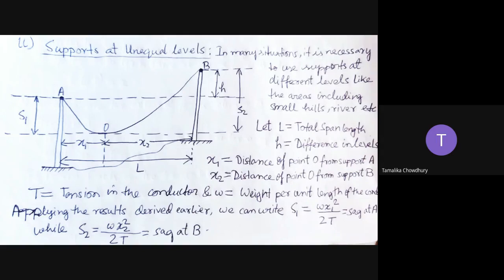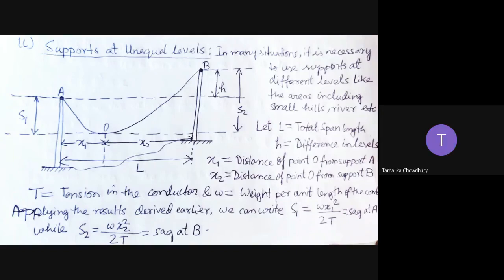Earlier, if you remember, the midspan was basically just L divided by 2. Now, when the conductor is hanging, under suspension, the lowest point is not the midpoint of the span. Correct or not? Yes, ma'am.